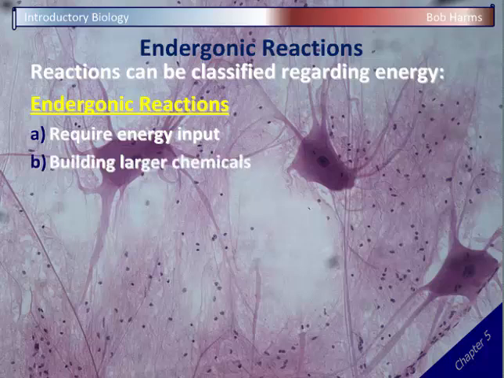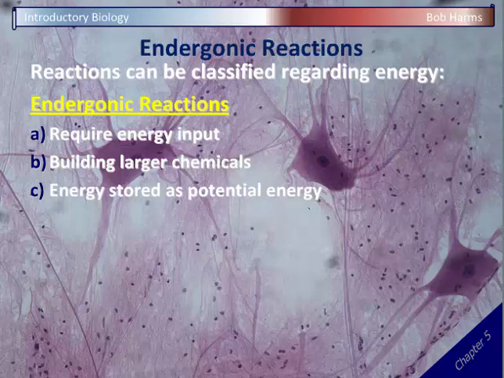And that's usually going to involve building larger chemicals. So when we build proteins, for example, we require energy to be able to do that. And if we add energy as we're building a protein, that energy, at least some of it, is going to be stored up as potential energy. So we think of endergonic reactions, energy has to enter, so think enter and ender, and some of that energy is going to be stored up in these large macromolecules that we're building.